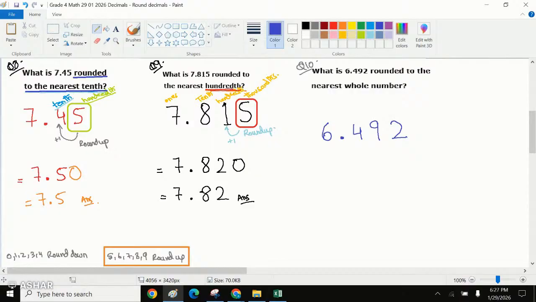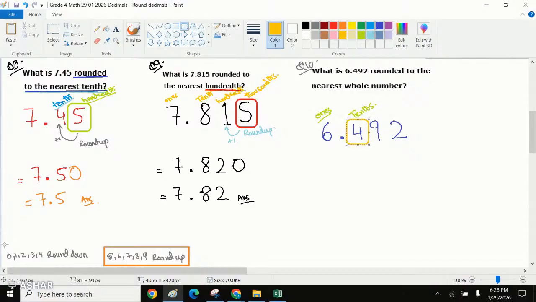So when we need to round to the nearest whole number, we need to look at the numbers around the decimal, right? We need to round it off to the nearest one. So what we need to look at is the tenths position, since the value there was 4.